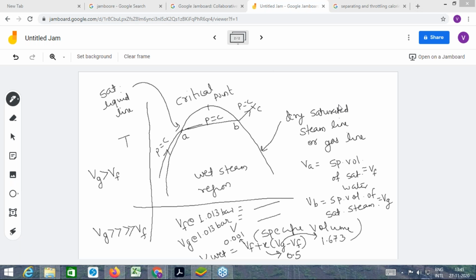Apart from Sharvari, Kunal has also given it right. Kunal, Sharvari. And what would be the unit of this? The unit of this would be meter cube per kg because it is a specific volume.